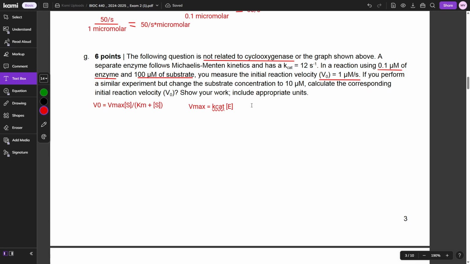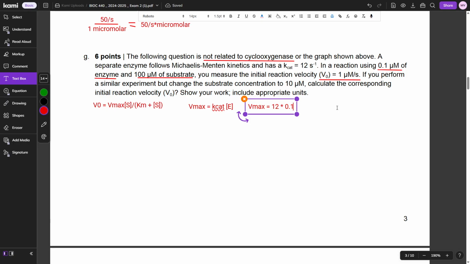And we can just substitute our numbers in. So Vmax equals kcat, so 12. And I'm not going to incorporate the units in here, but please make sure you write them on the actual exam. I just feel like it gets a little bit too messy on these. So Vmax equals 12 times 0.1 micromolar. And remember, if you're going to use micromolar, you have to convert everything into micromolar.